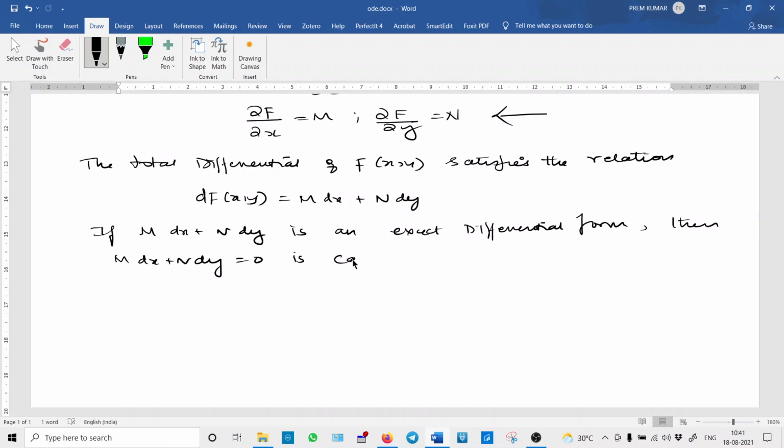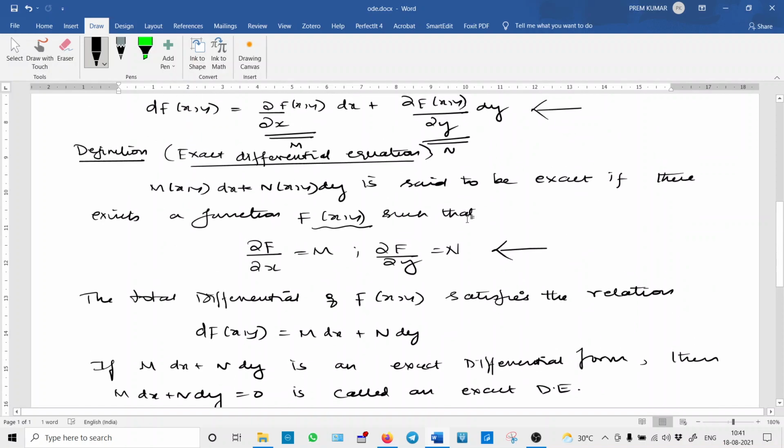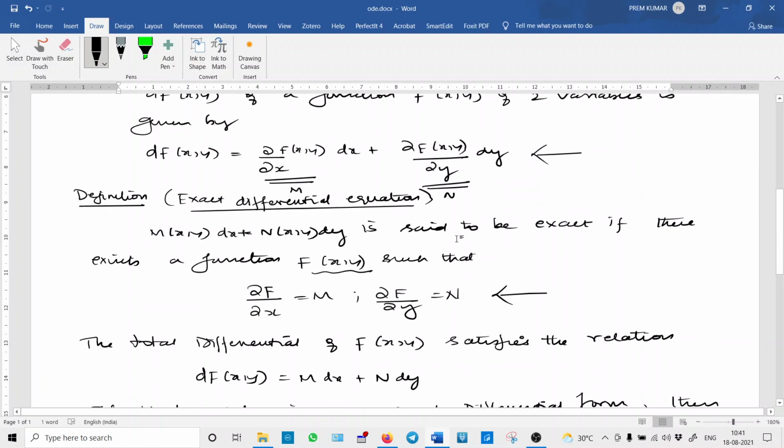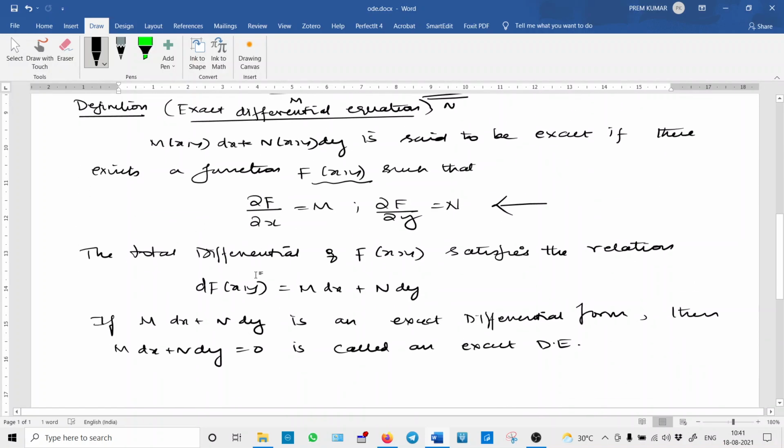Okay, so we studied what a differential form of a function is, then we discussed the definition of when we can say this differential form is an exact differential form.